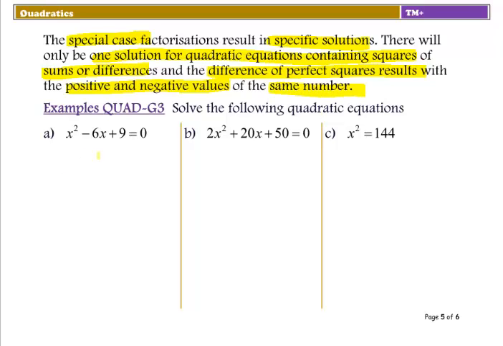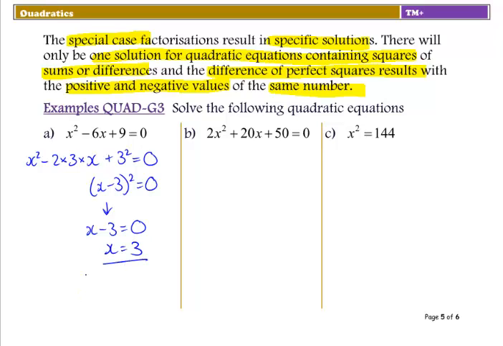So what I mean by that is if I have x squared minus 6x plus 9 equals 0, that is a square of difference. So I can rewrite that as x squared take 2 times 3 times x plus 3 squared equals 0. So that becomes x minus 3 all squared is 0. So I have only one solution, x minus 3 equals 0. So x has to be 3.